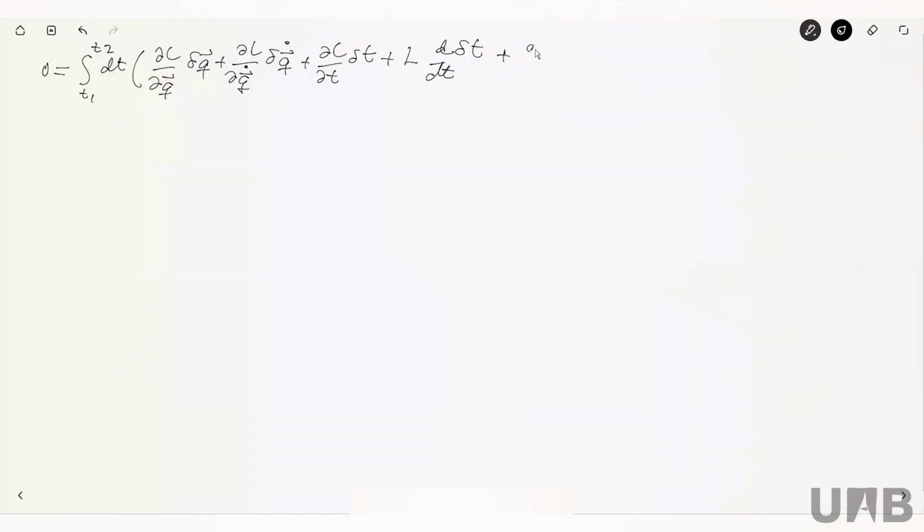And then the derivative with respect to t of delta g, right? And this has to be 0, okay?